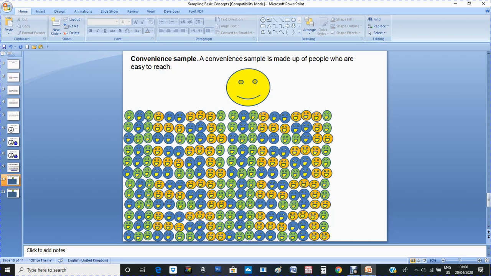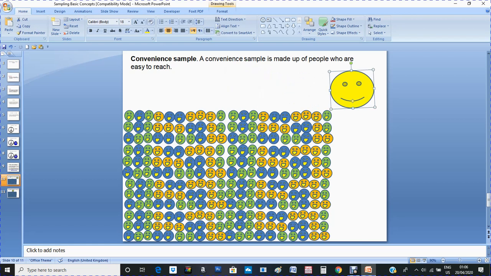Suppose that the population here is all the happy faces, which are composed of green, blue, and orange happy faces. And this is our researcher, and this researcher has a survey. He wants to administer this survey, or let's say interview the sample.